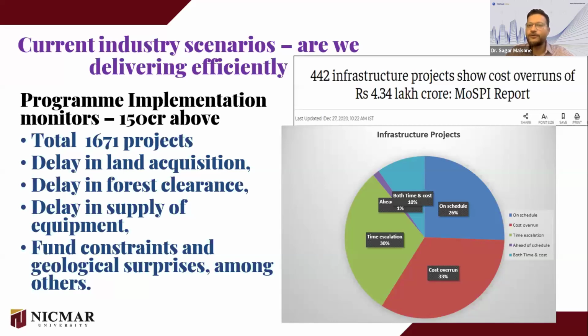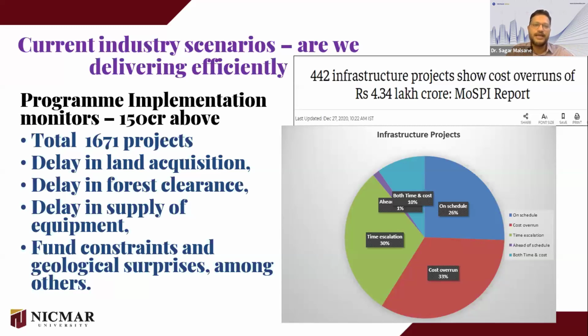You can see that 440 infrastructure projects show cost overruns of 4.3 lakh crore. And this data is by the Ministry of Statistics and Program Implementation. Of course, it's data from 2020, but I'm sure that not much has changed.